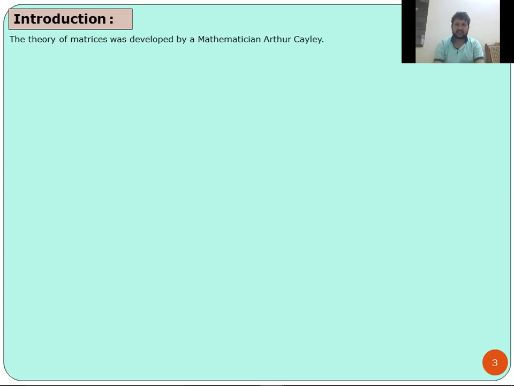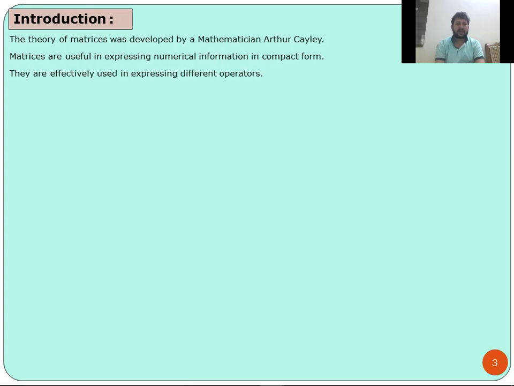Theory of matrices was developed by mathematician Arthur Cayley. Matrices are useful in expressing numerical information in compact form. They are effectively used in expressing different operators.